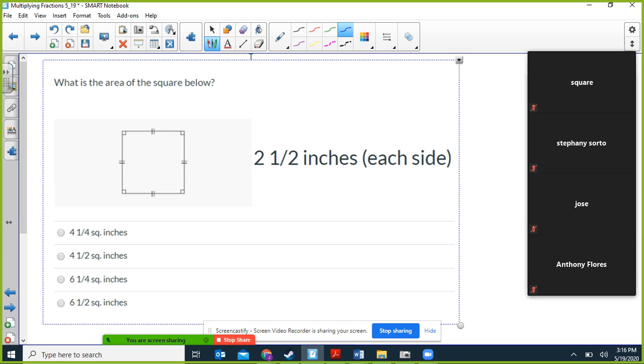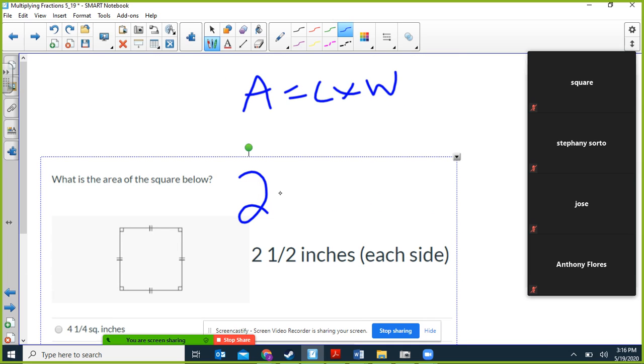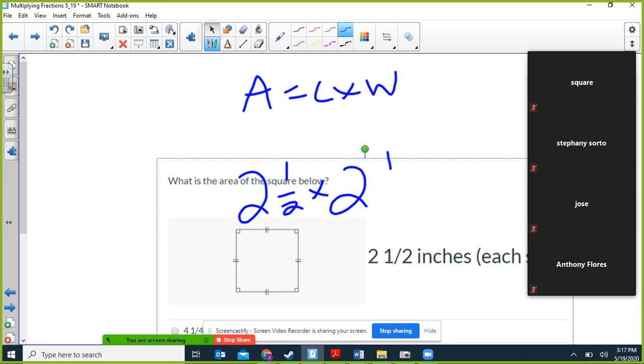Thank you, because squares have congruent and all equal sides. So we just said area is length times width. So we would do 2 and 1/2 times 2 and 1/2.